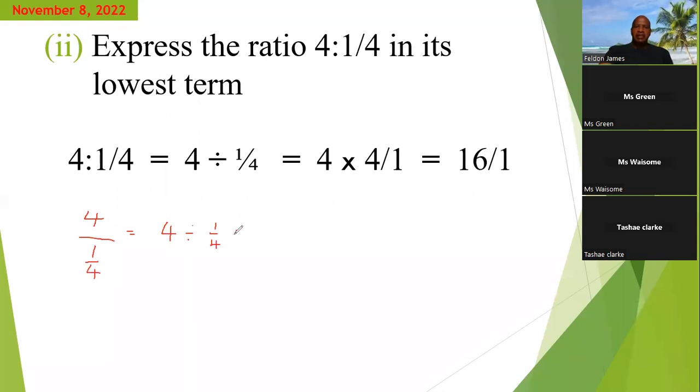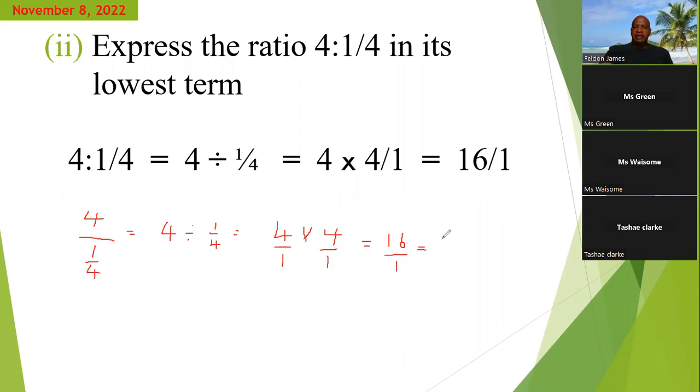So in this case, we would simply change the division sign to multiplication. And then we flip the divisor. In this case, we would write 4 over 1. And then we would just simplify this by multiplying the numerators, we get 16. And multiply the denominators, we get 1. So this becomes 16 over 1.